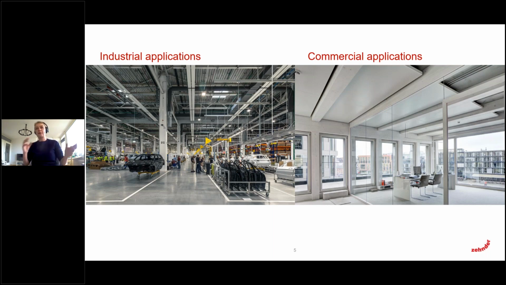One is the industrial applications and one is the more commercial applications. By industrial, we mean, like we can see here, production halls, but also logistics centers; sports halls also fall into this category. Commercial applications we see as offices, like you can see here, but also schools, hospitals, showrooms, stuff like that.